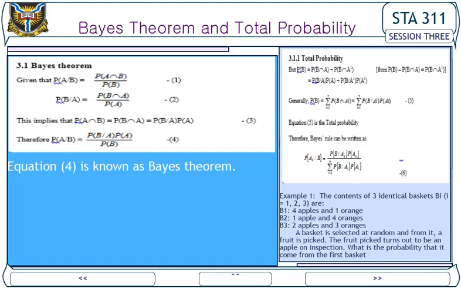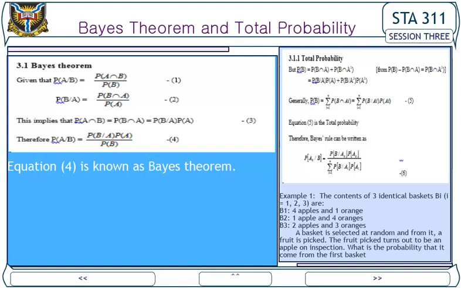Total probability. P(B) is equal to P(B∩A) plus P(B∩A'). From this, P(B∩A) plus P(B∩A') is equal to P(B|A)P(A) plus P(B|A')P(A'). Generally, P(B) is equal to the summation from i equals 1 to n of P(B∩Ai), which is equal to the summation from i equals 1 to n of P(B|Ai)P(Ai), equation 5.